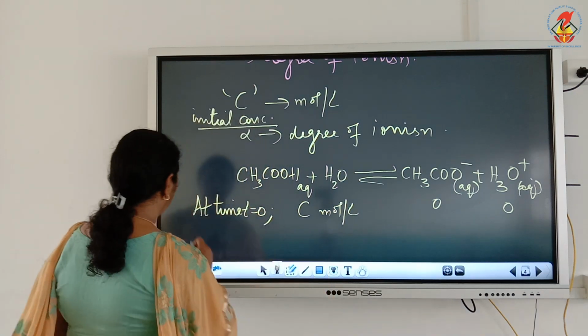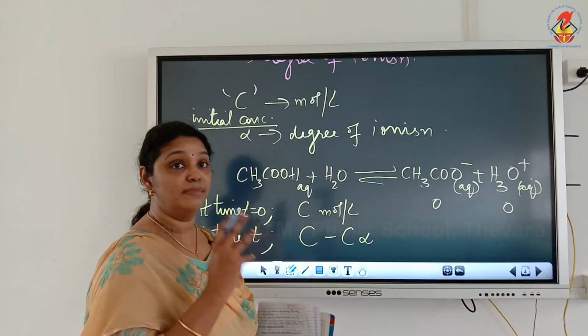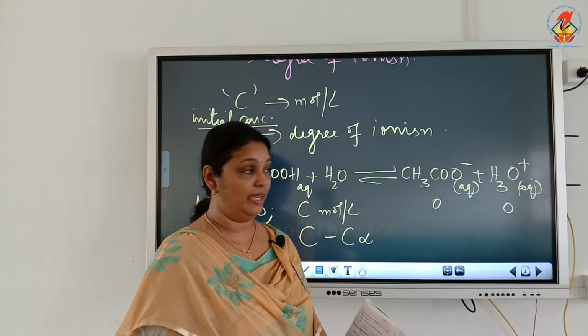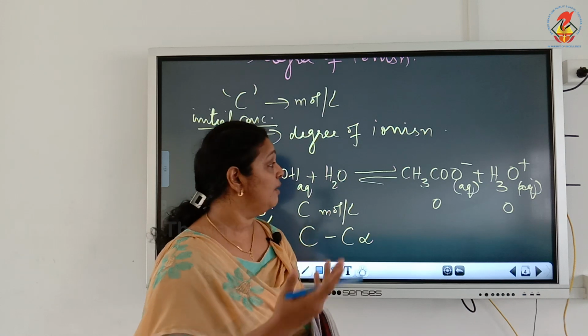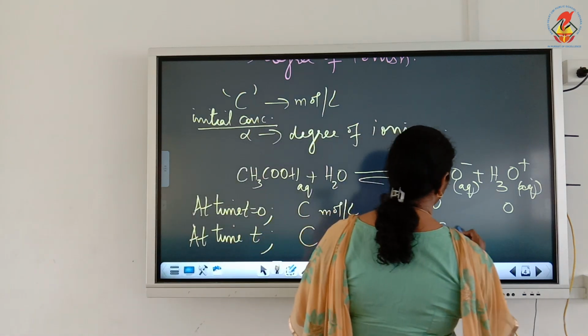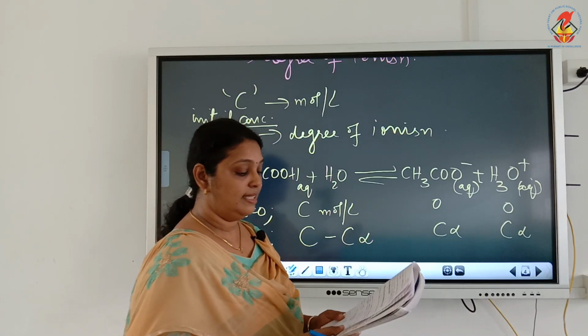So at time t, the CH3COOH concentration will be C minus C alpha, because from C mole per liter, C alpha got dissociated. When C alpha gets dissociated, the concentration of acetate ion and H3O plus ion produced will also be equal to C alpha.